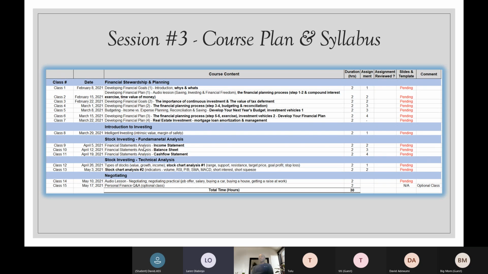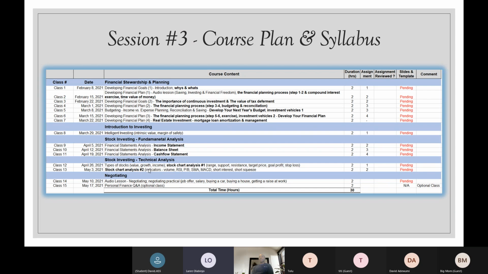Under that next section, after this intro today, we'll do the 3 different key types of financial statements, which is income statements, balance sheet, and cash flow statement. Then we will look at technical analysis, which is how you use charts to understand what is going on in a business. We'll look at some very important elements of technical analysis.